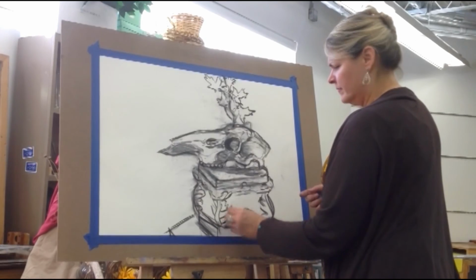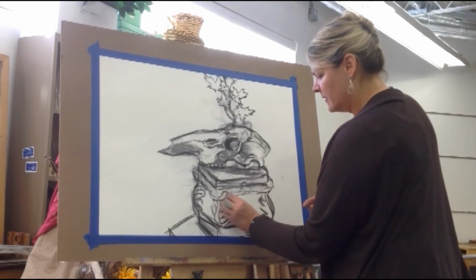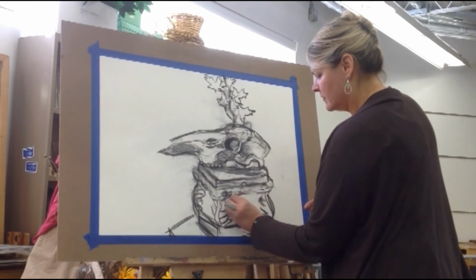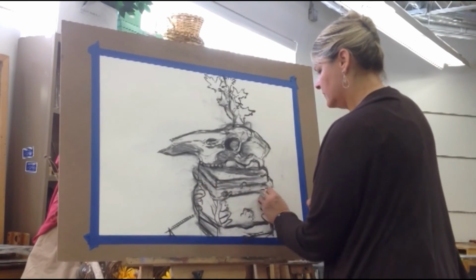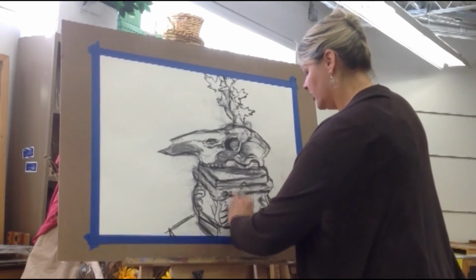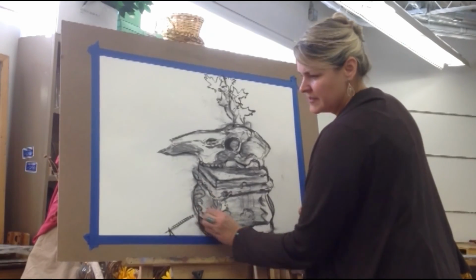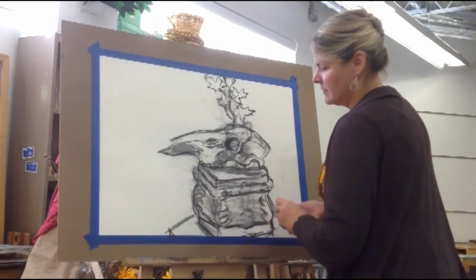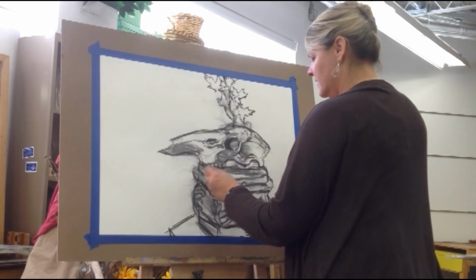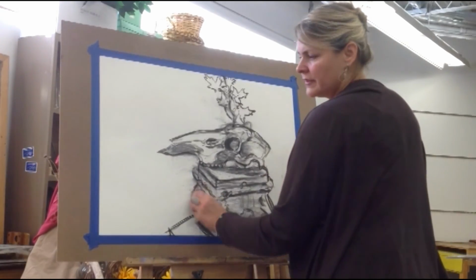And let me just get a few of these mid-values here so you can see what I'm seeing. The pedestal is much darker underneath than it is on the top surface. And it's not a whole lot darker than the skull.